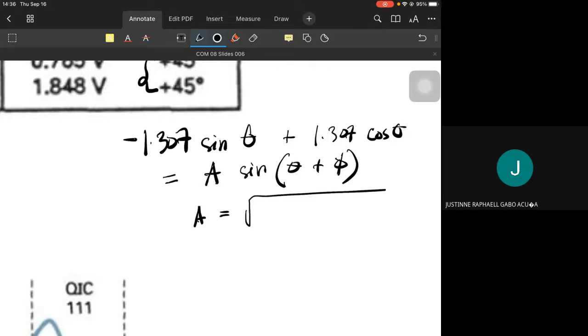So we'll try to solve the amplitude. Square root of a squared plus b squared. C na lang itong gamitin ani. 1.307 squared plus 1.307 squared is 1.848.